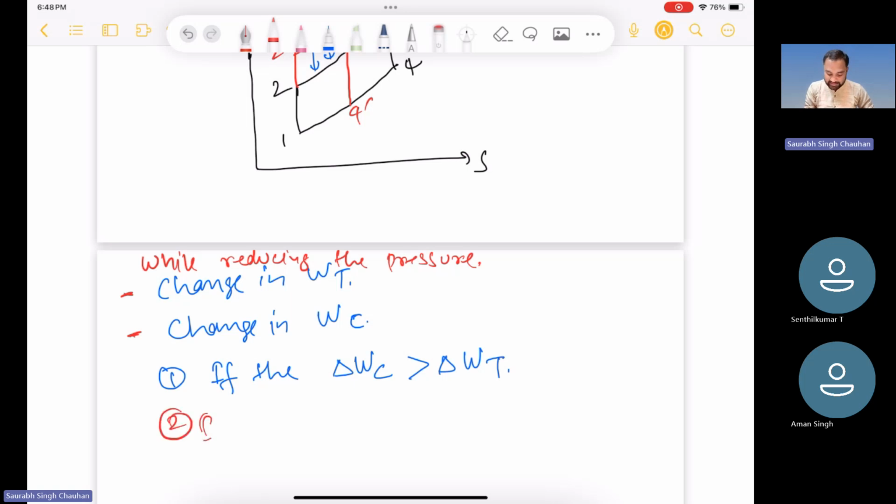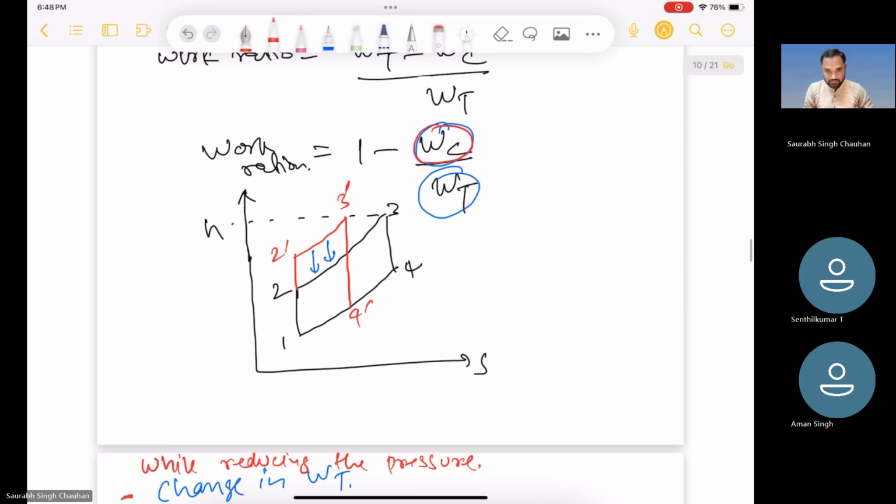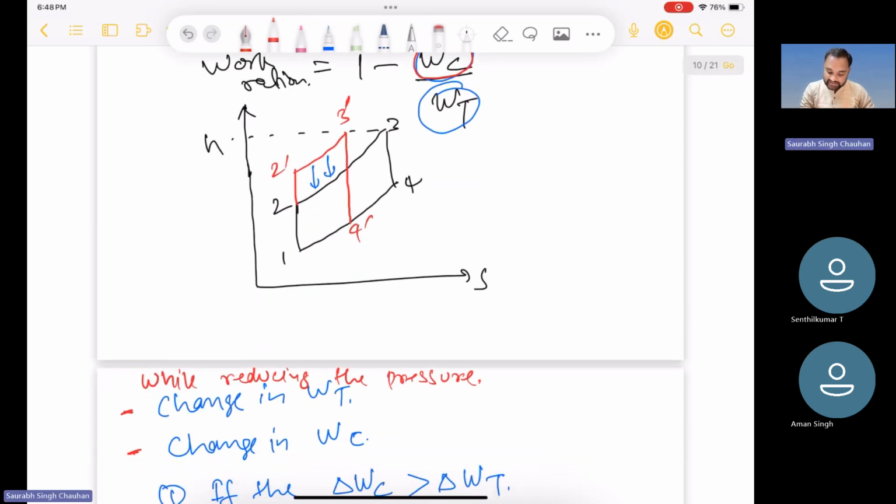And the second case is that if the change in turbine work is more, then the work ratio will decrease, right? Now we have to see which change is more.